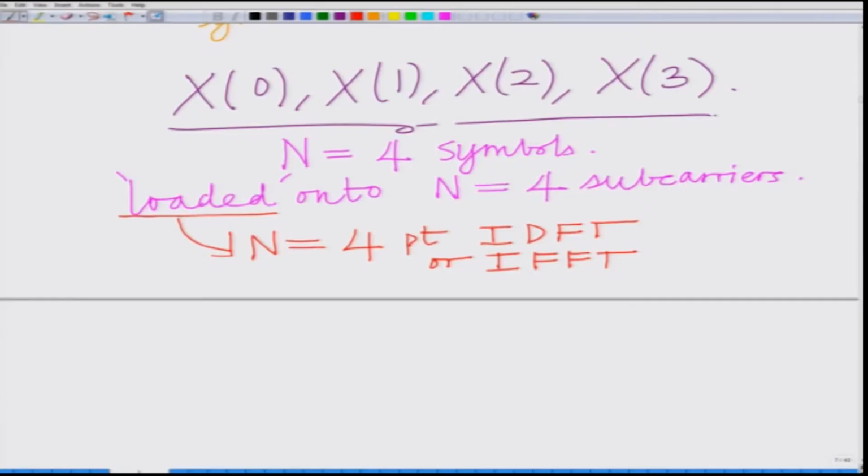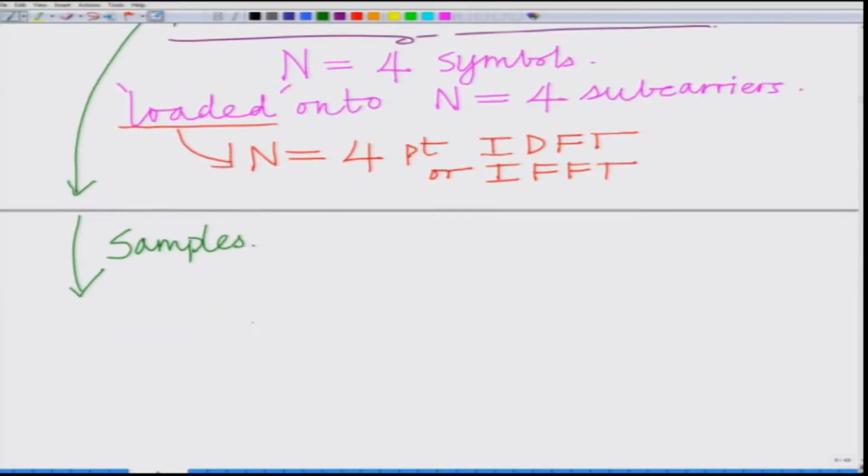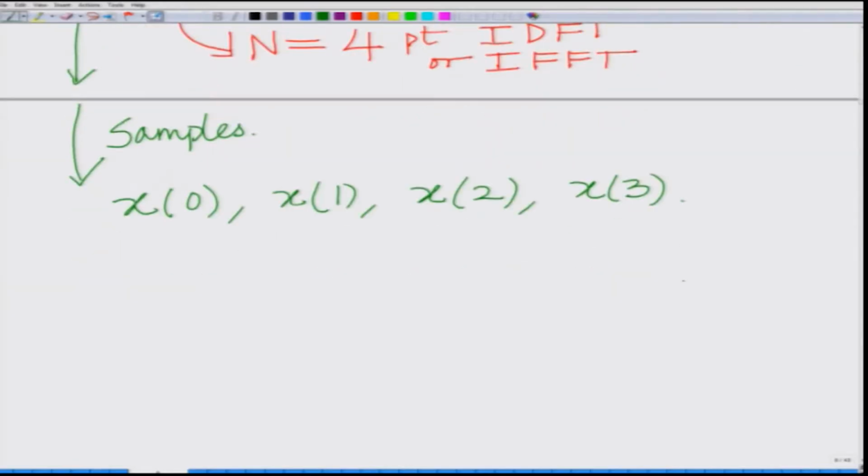Okay. So now from these capital X0, X1, X2, X3, we generate what are known as the samples, small x0, x1, x2, x3, and these are the N equal to 4 samples.